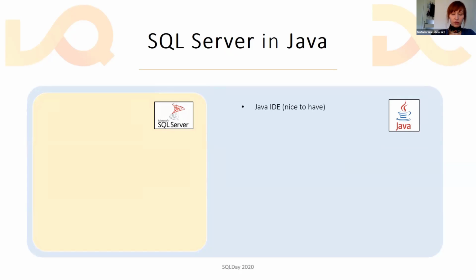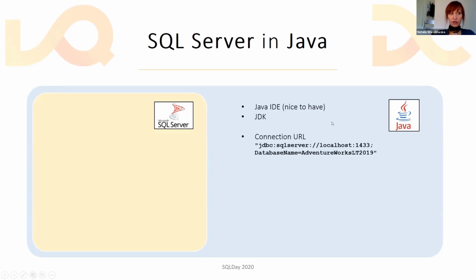Of course, you can open the notebook and type your code and compile it without using an IDE, but an IDE is quite good support for developers in general. But the required thing is JDK, the Java Development Kit, which takes your Java code and is able to compile it and prepare the binaries, which can be run on different environments.